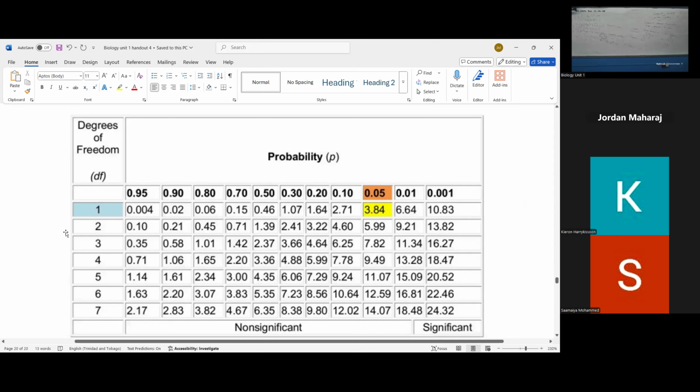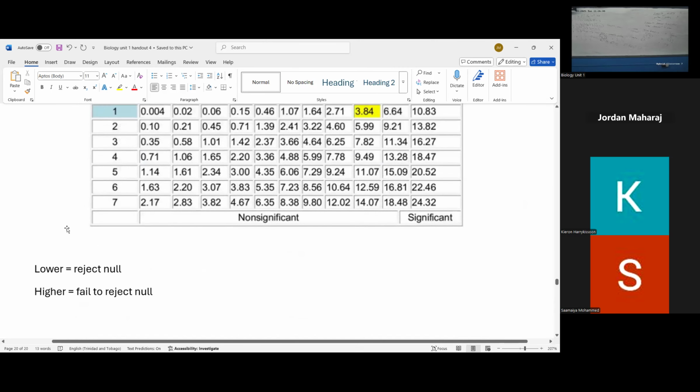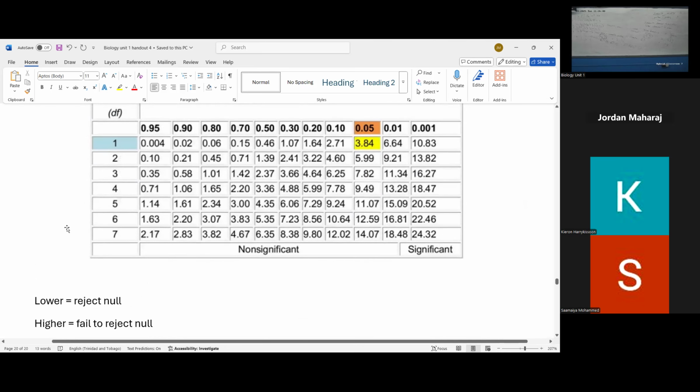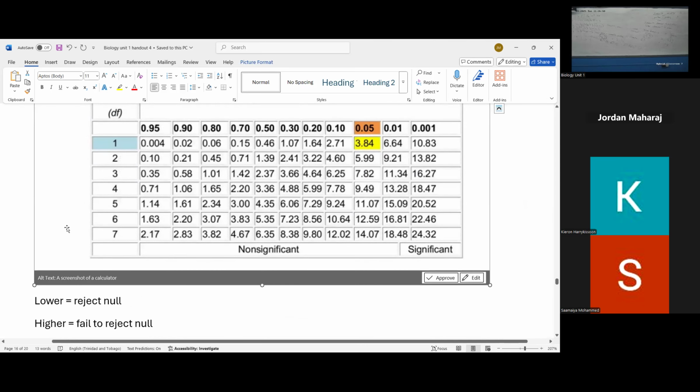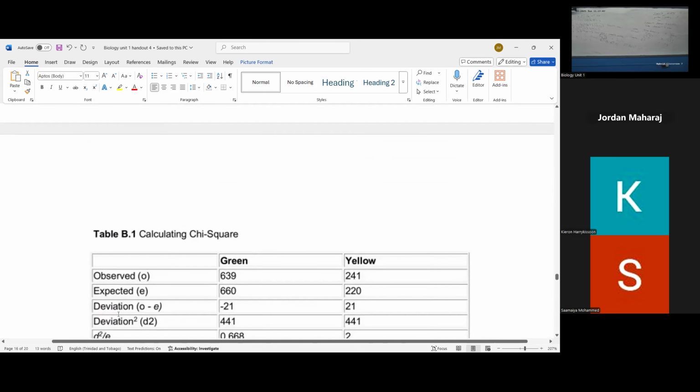What you all need to know is that if the value you obtain in the chi-square test is lower than this value here, 3.84, you fail to reject the null hypothesis. If the value is higher, you reject the null hypothesis. Fail to reject means accept, but we state it as fail to reject. So I'll get into the actual calculation.